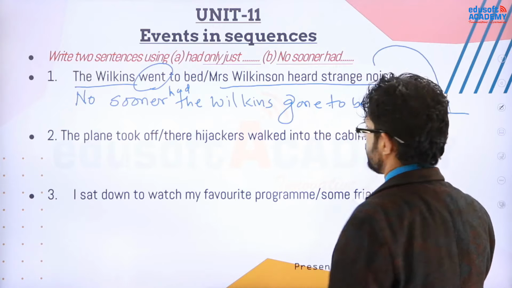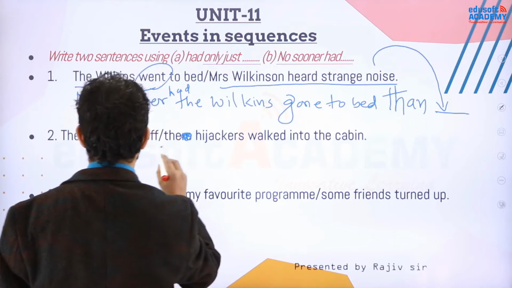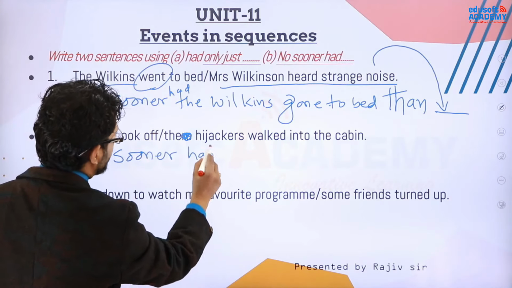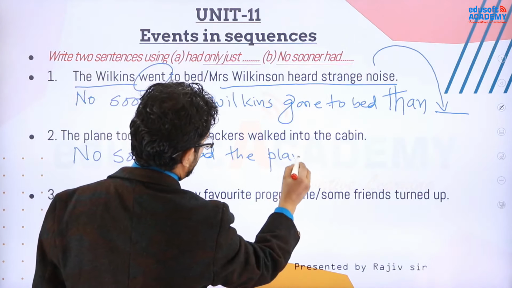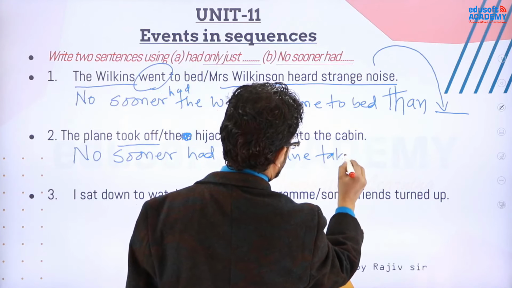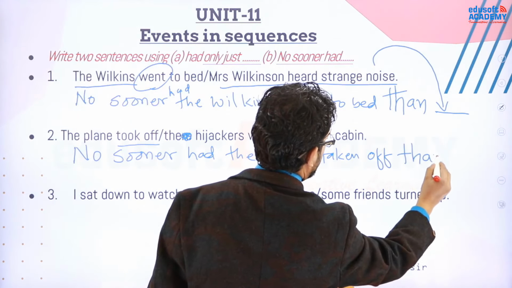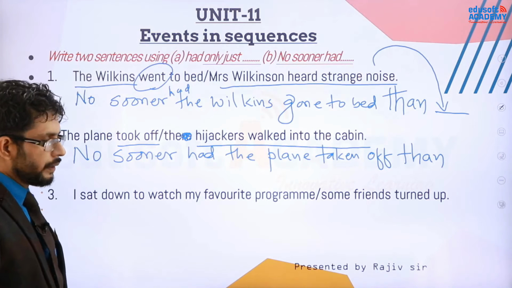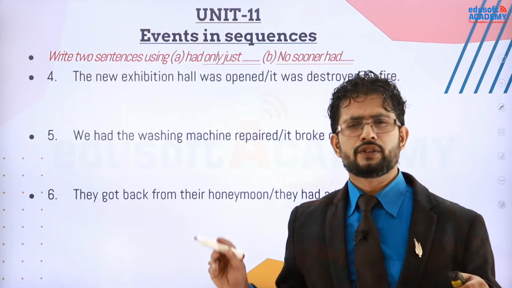Copy it and paste it here. Similarly, here: no sooner had. What is the subject? The plane. What is the verb third? Taken off. No sooner had the plane taken off than the hijacker walked into the cabin. So in a similar way you can do this structure also, and there is no problem, you can easily do this.